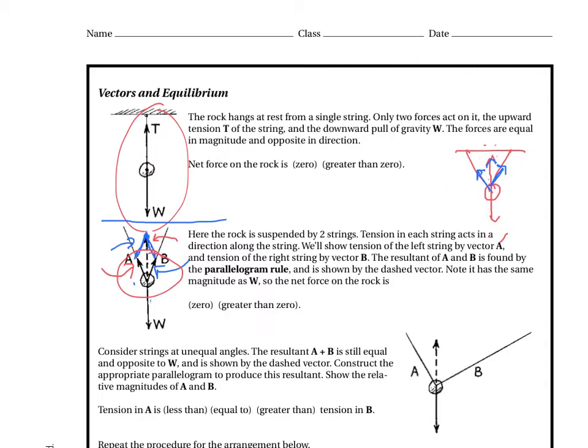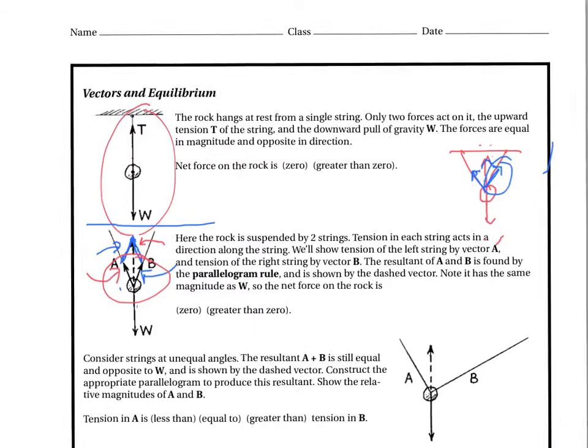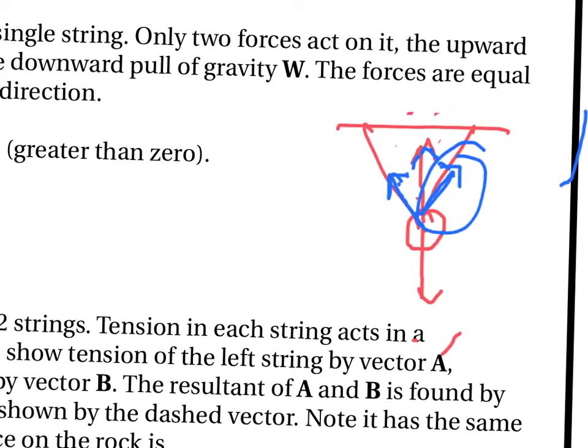Now, what happens here is these two strings aren't just holding the object up. This force right here, if we zoom in on it a little bit, is actually doing two things. One, it's pulling our object to the right. The other is it's helping to provide the support for the weight that's being pulled down by gravity.